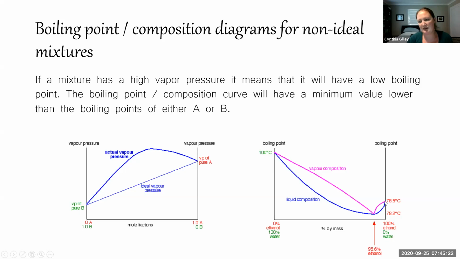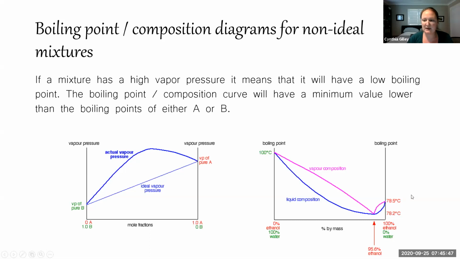And over here on this other y-axis, 100% ethanol, the boiling point is 78.5 degrees Celsius, right? But the boiling point of a mixture that contains 95.6% ethanol and 4.4% water is actually lower than the boiling point of pure ethanol.